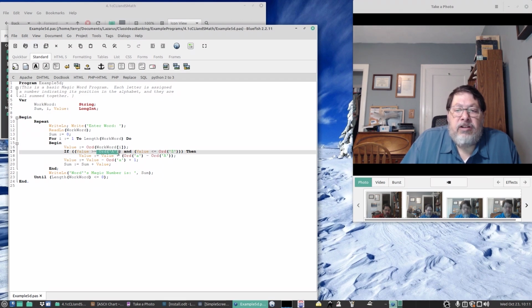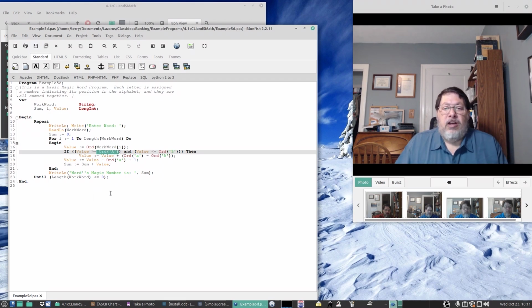This is a standard Pascal function that returns the numeric value of a character, the ASCII numeric value, in the case of ASCII machines. Almost all machines that you would use are going to be ASCII except for possibly IBM mainframes.